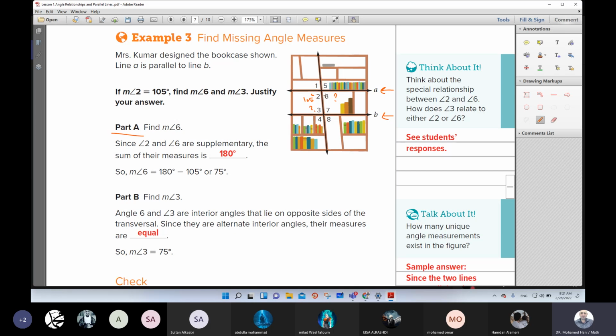So if you know one of the two angles, you can find the second one. 180 minus 105 will be 75. So we know the measure of angle 6.